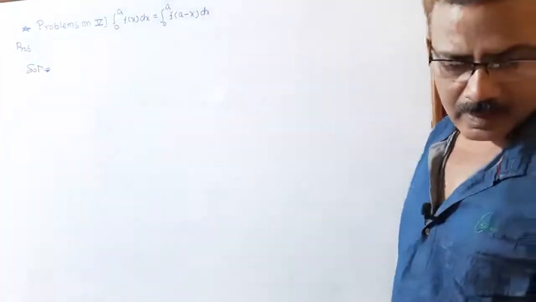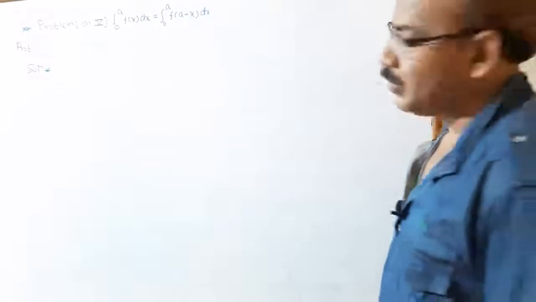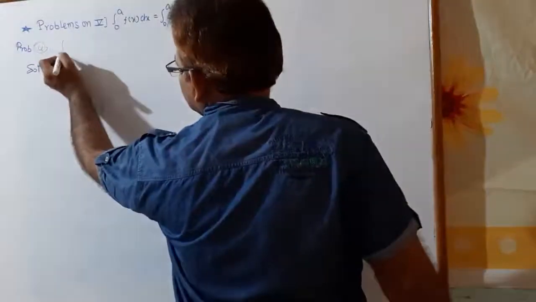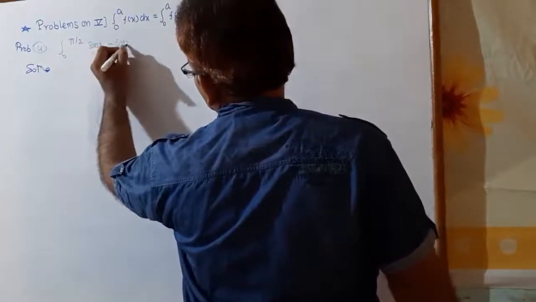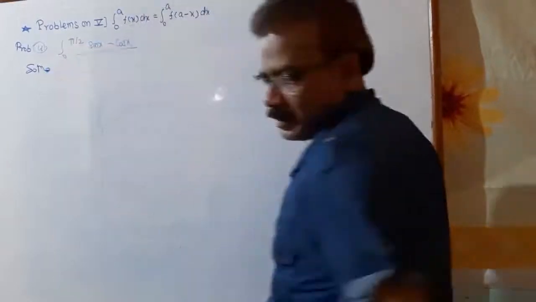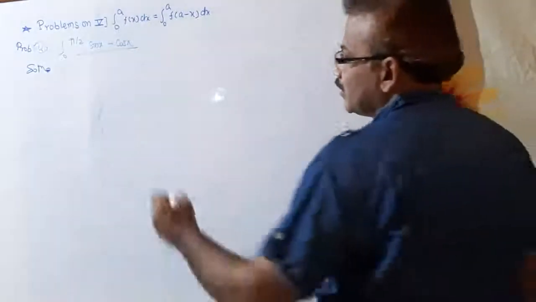Fourth problem, evaluate integration 0 to pi by 2 sin x minus cos x divided by 1 plus sin x into cos x.